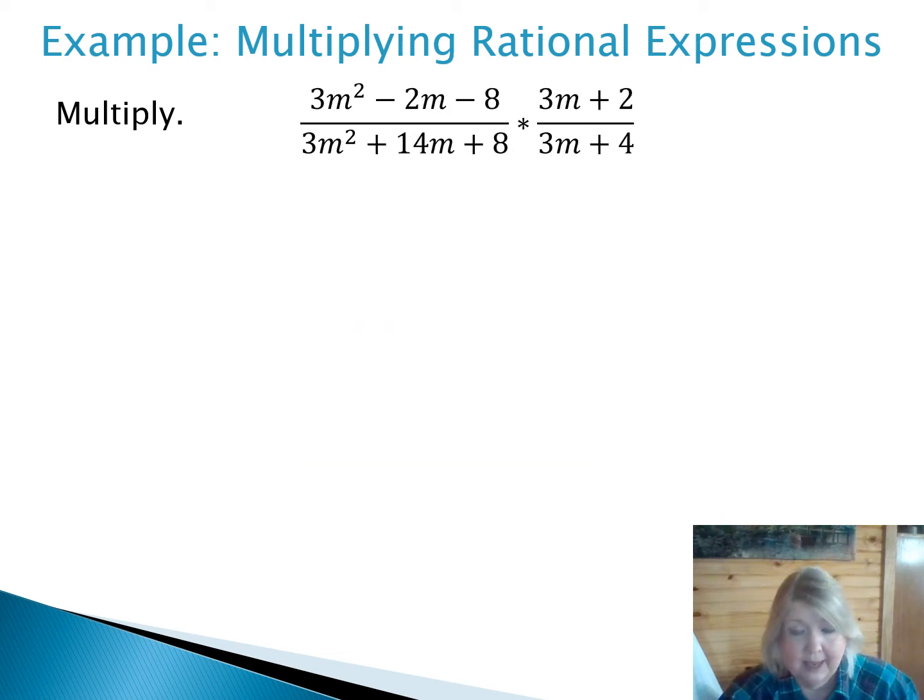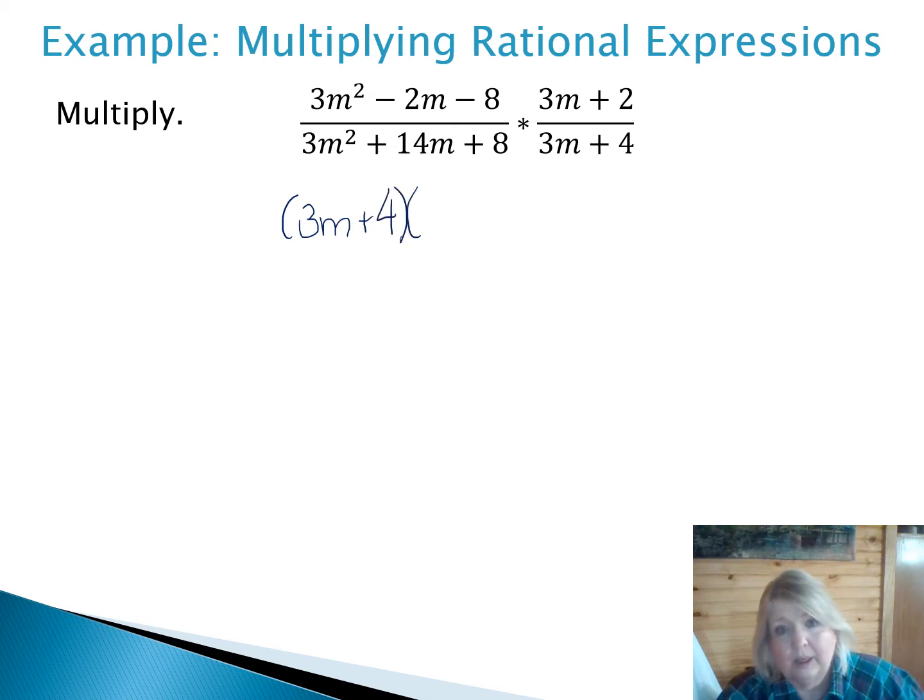One final example from multiplying. Again, this is algebraic. I can't just look and see the common factors. I have to actually factor it out. So the top, the numerator, is going to be 3m plus 4 times m minus 2. Again, to double check that, that's negative 6m plus 4m for outer and inner, which is the negative 2.